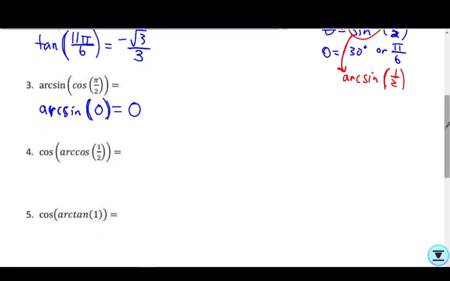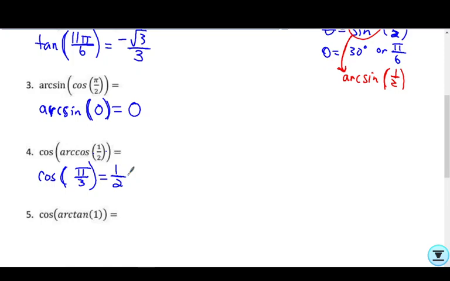Arc cosine. So this is going to be cosine of arc cosine, saying, okay, what angle measure is cosine 1/2? Well, cosine is 1/2 at pi over 3. And then this one saying, hey, what's cosine at pi over 3? Well, cosine is 1/2.